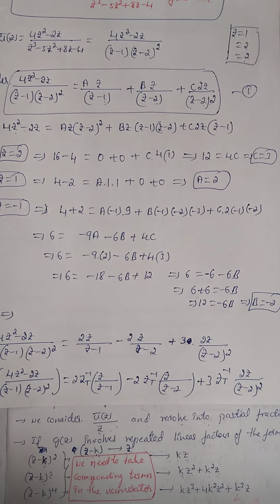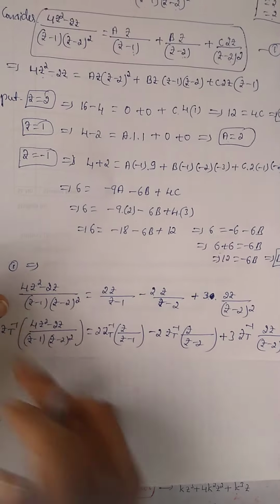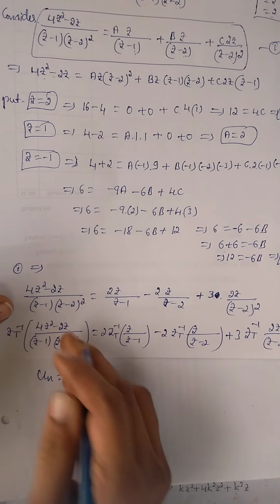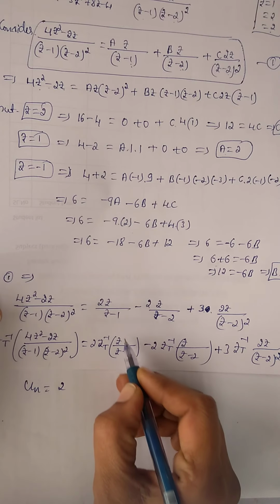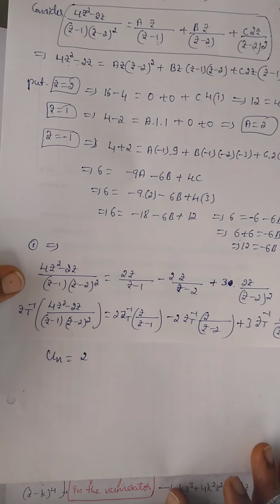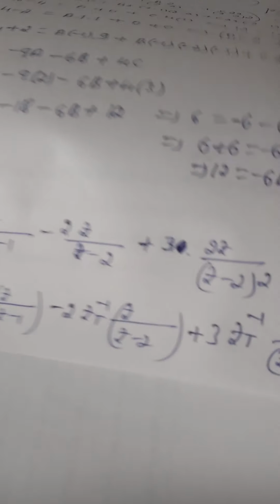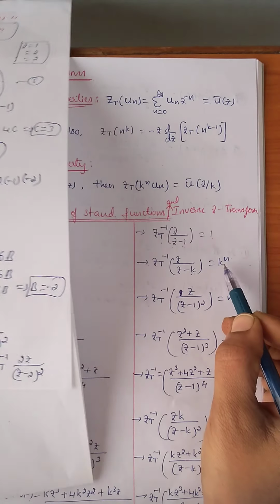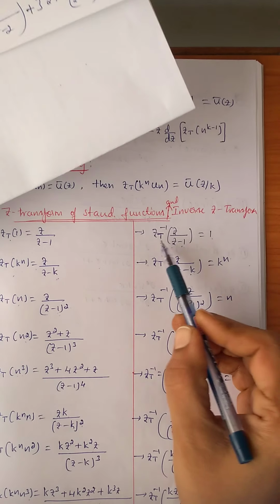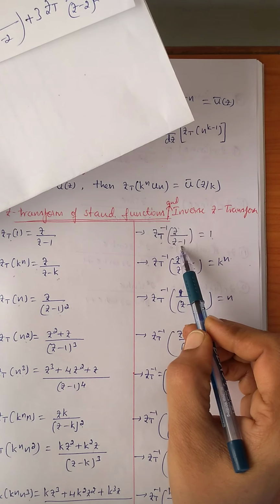Okay, the final solution is, the final answer is, I will write here. Okay, this is nothing but what? Un is equal to inverse z transform, what is inverse z transform of z by z minus 1? Using the basic formula, inverse z transform of z by z minus k is k to the power of n, so inverse z transform of z by z minus 1 is equal to 1.